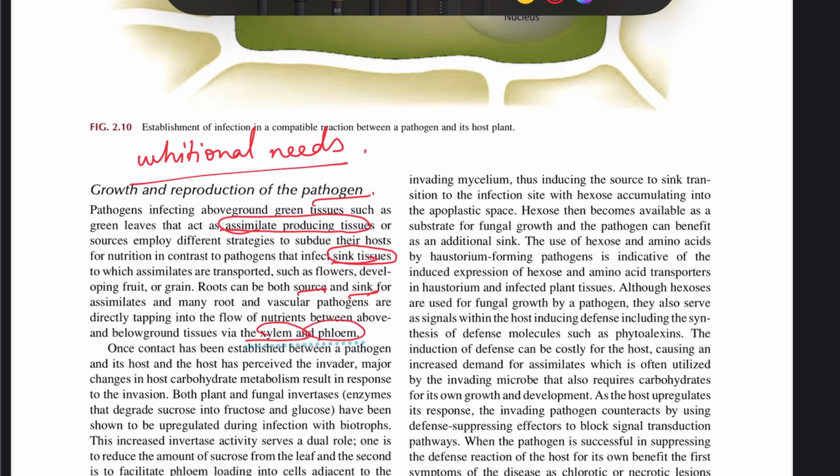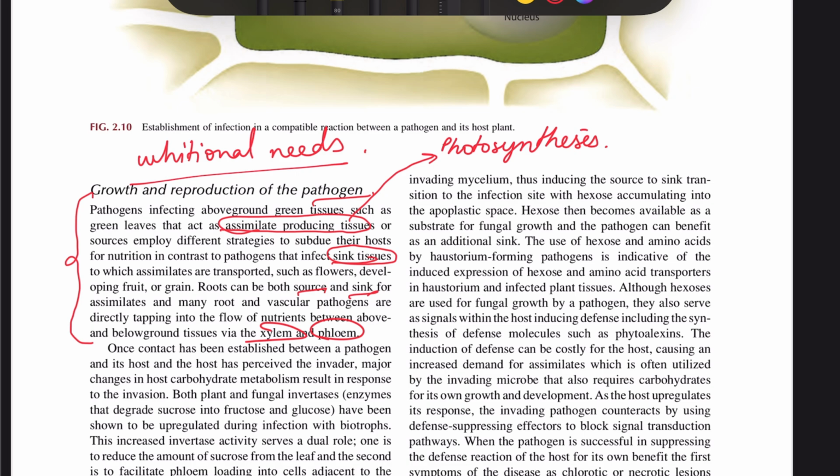Now, I believe this paragraph uses a lot of technical words like assimilate producing tissues, sink tissues. What are they? The assimilate producing tissues are the tissues which are normally responsible for photosynthesis, means they're responsible for preparing food for the plant.